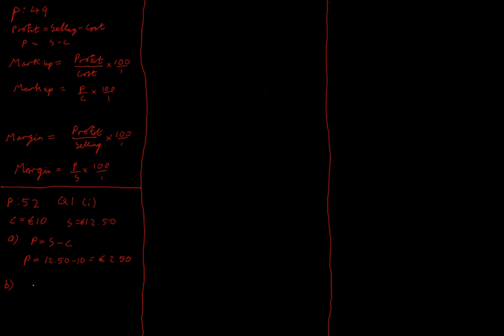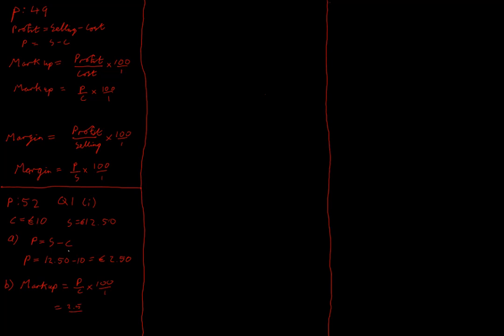Then in part B, it asks us for the markup. The markup is our new name for percentage profit. So we're going to write down our formula again. So markup is going to equal profit over cost multiplied by 100 over 1. Subbing into our formula, we would have our profit we just worked out is €2.50.